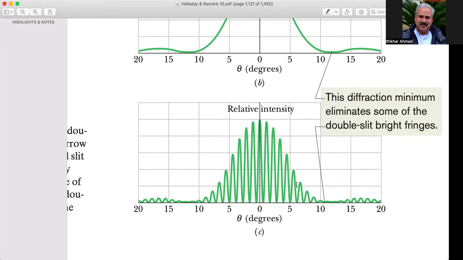And this is very important for the understanding of optics, because this is the beginning to know what diffraction is, what interference is, and what polarization is. If we don't know diffraction, interference and polarization, then we need to understand them, because these are the foundations of physics.